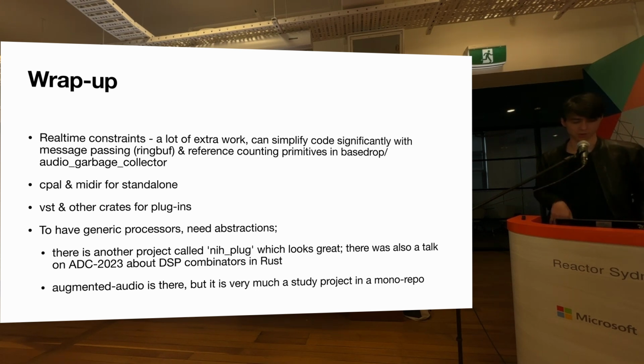I think they're fairly immature compared to the C++ commercial libraries, but they're pretty good, and they're much nicer to set up and so on. They're great for building plugin formats like VST. There's no audio unit crate or wrapper code, but maybe they'll improve.